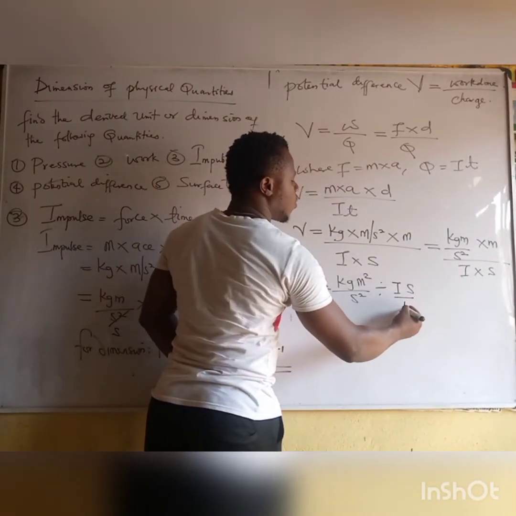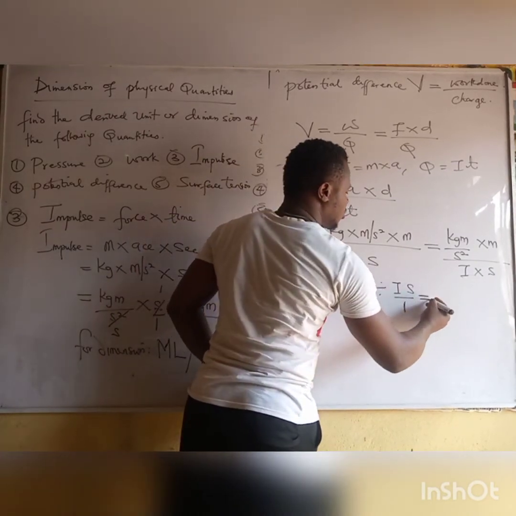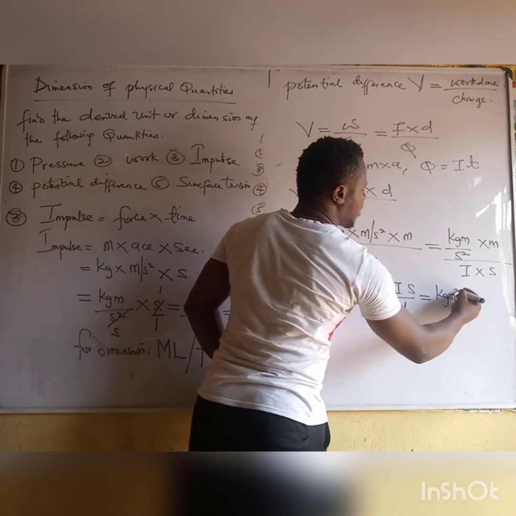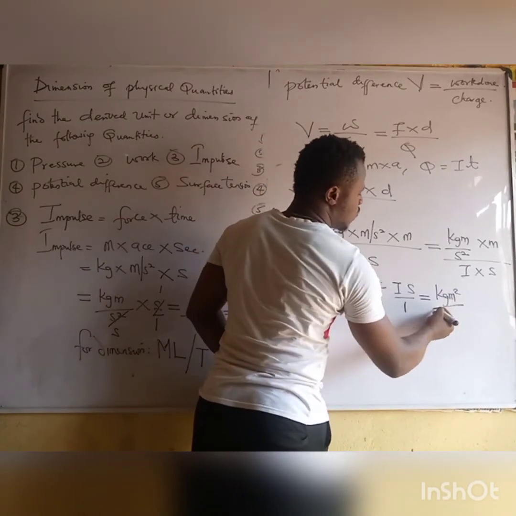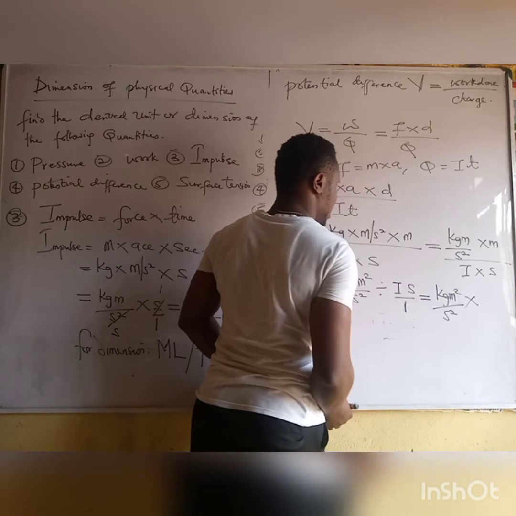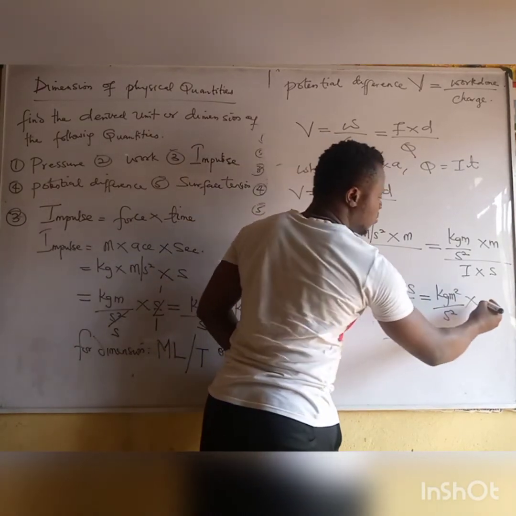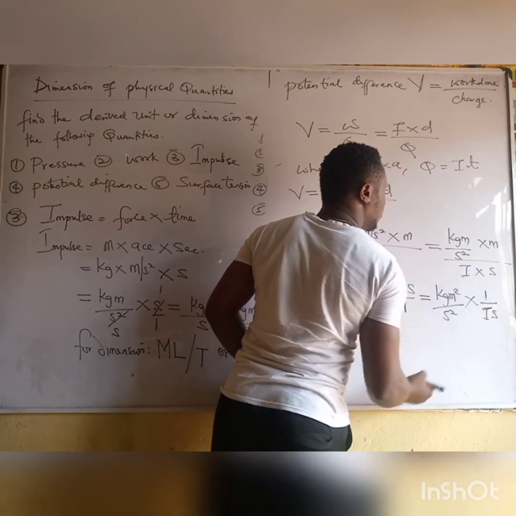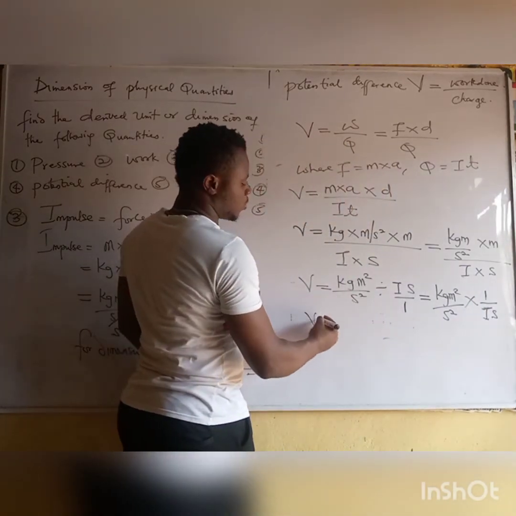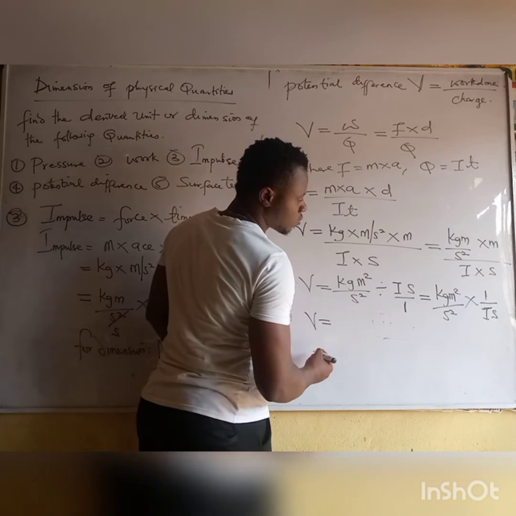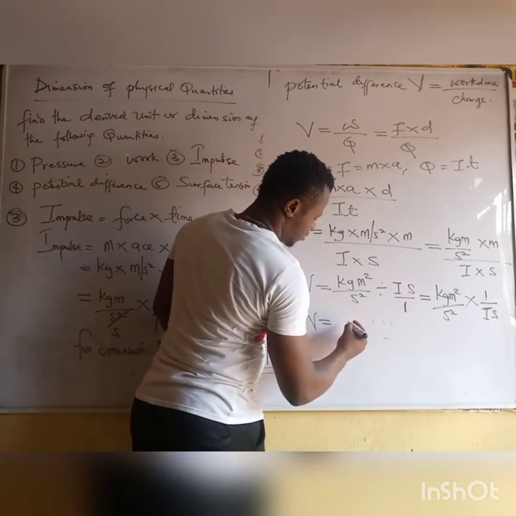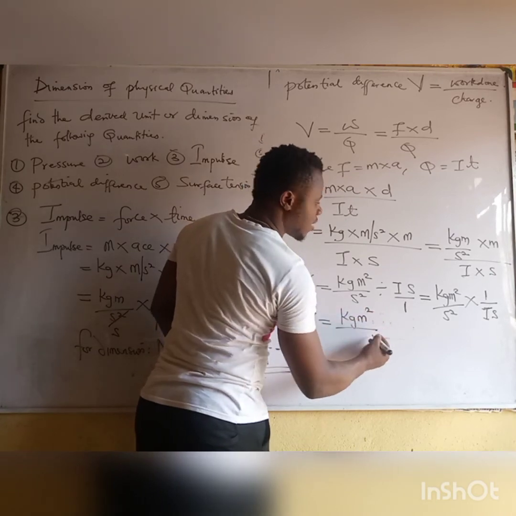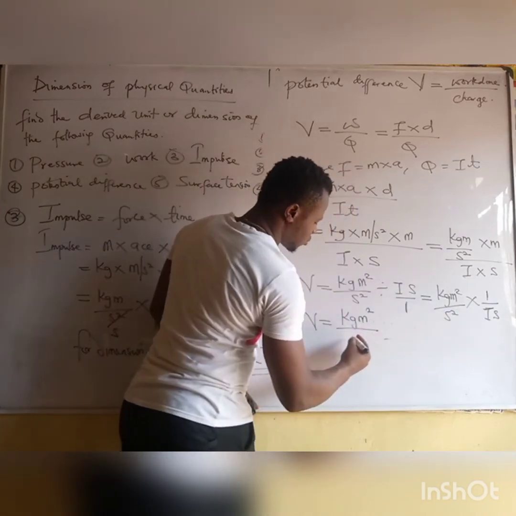So this one over 1, we are going to have kg meter square over second square times, when this changes to multiplication, 1 over IS, current times seconds. So potential difference is equal to kg meter square over, this time this will give us what?